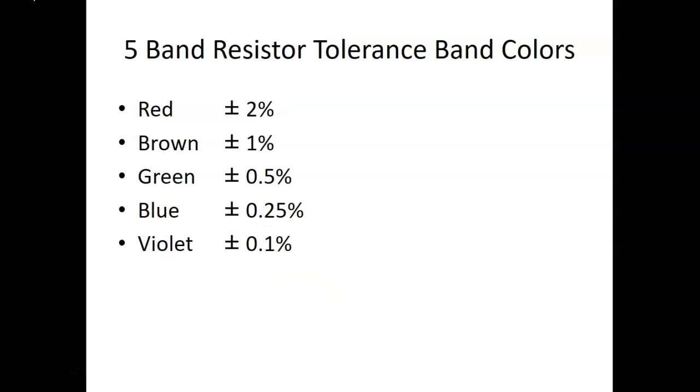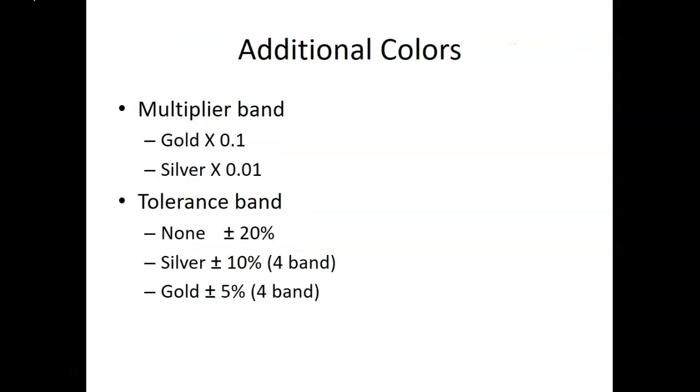And then you have the 5-band resistors. So the -1 and -2, the tolerance bands of gold, silver, or if you have no tolerance band, you get a tolerance of 20%. Those are really big tolerances.